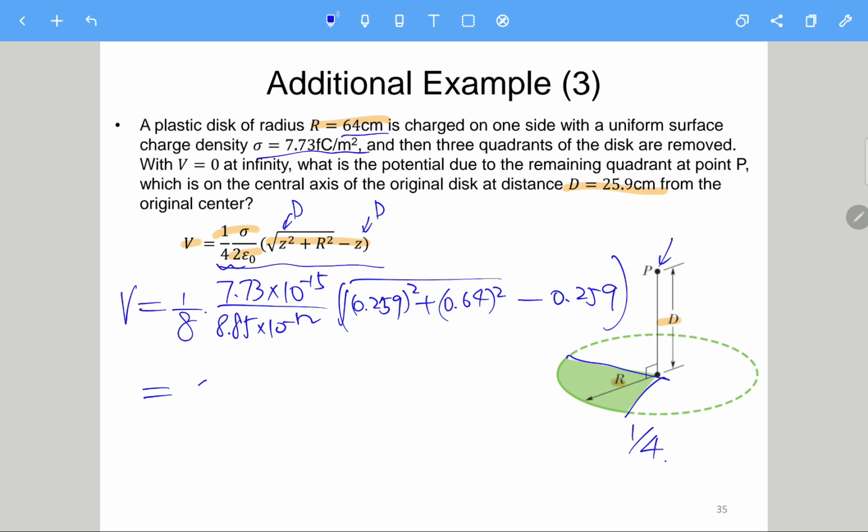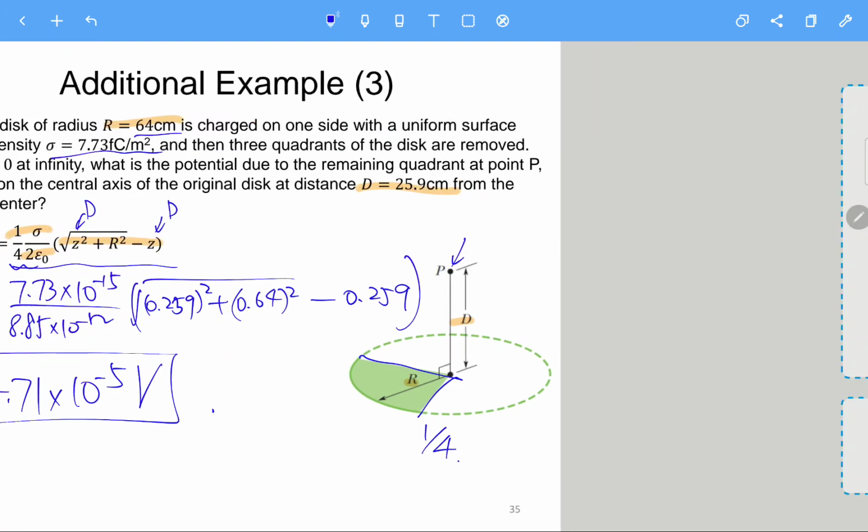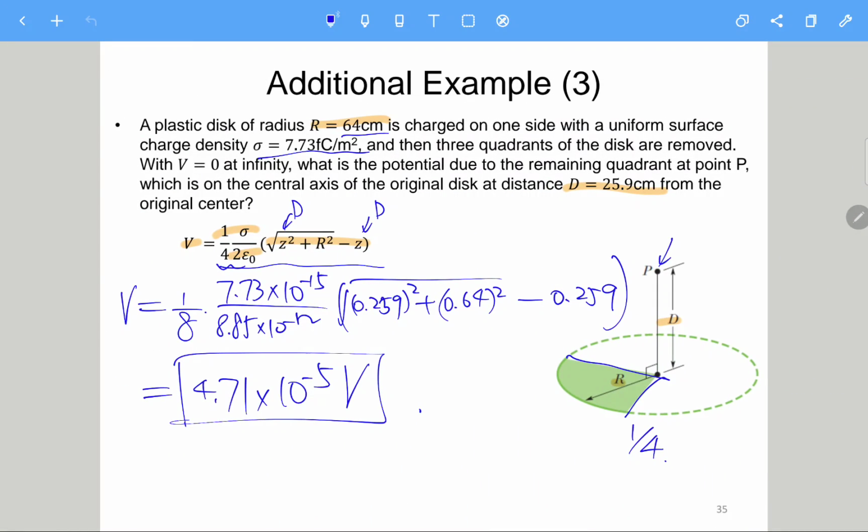So the answer will be 4.71 times 10 to the minus 5 volts. And that's the end of this chapter.